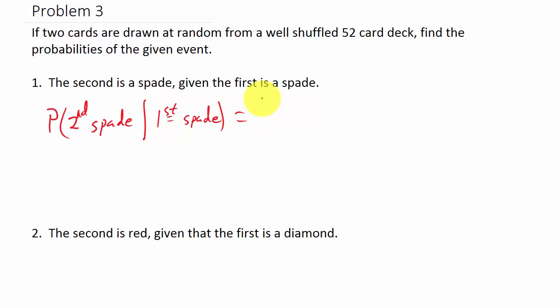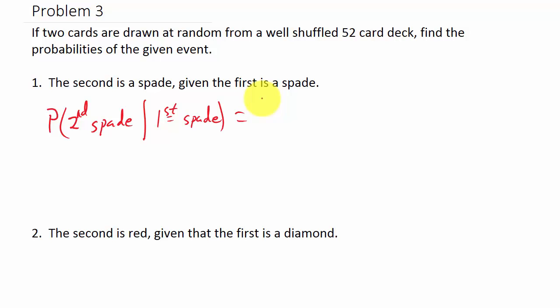We're wanting to find the probability that the second card is a spade. That's what we're looking for. But it's telling us that the first card was a spade. And we're not putting the card back in after we draw it. Well, what's the probability that the second card's a spade? Well, if the first card is a spade, we know that there's 13 spades in a deck.